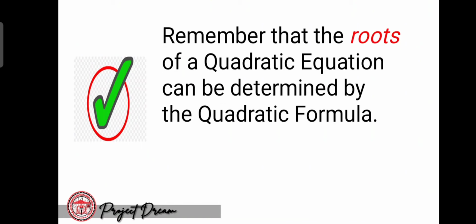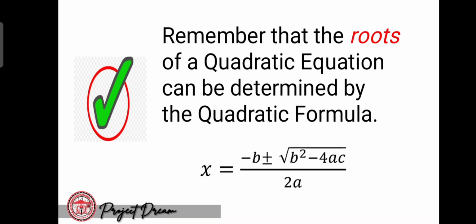Remember that the roots of a quadratic equation can be determined by the quadratic formula: x is equal to negative b, either positive or negative square root of b squared minus 4ac, all over 2a.